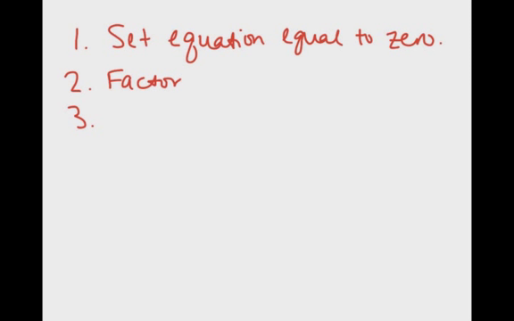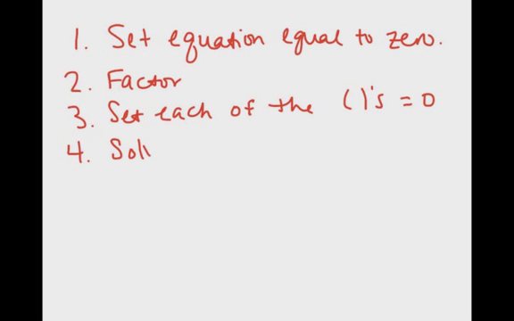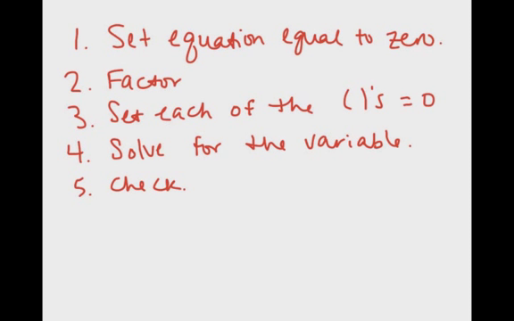The next thing we do is set each of our parentheses equal to 0, and then solve for the variable. So sometimes that's x, sometimes it's a, it just always changes. And our last thing is we're going to check it to make sure we have the right answer.